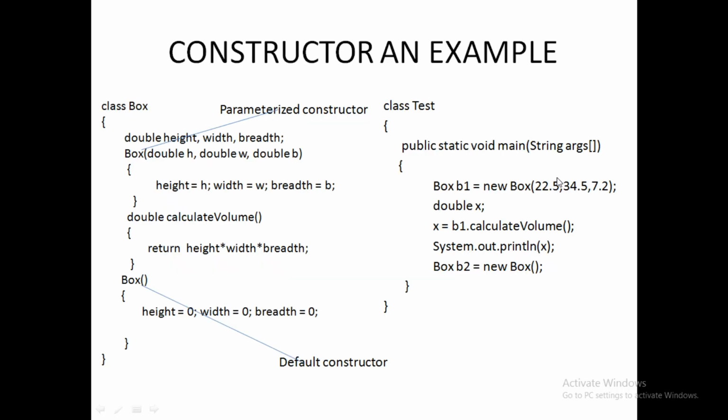We have seen here, using this parameterized constructor, I have created an object b1 and initialized its instance variables with these values 22.5, 34.5 and 7.2. These values are used to initialize the instance variables inside the object, and changing the value of the instance variables or putting any values is known as changing the state of an object.